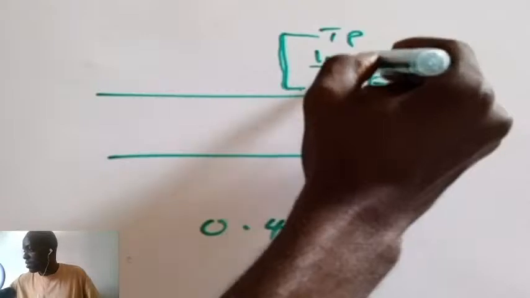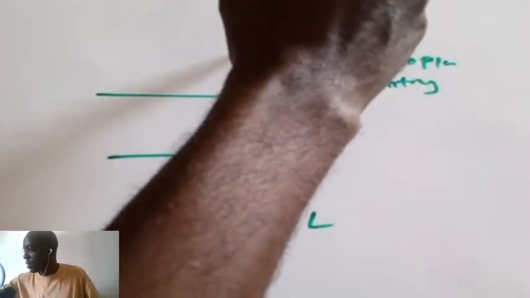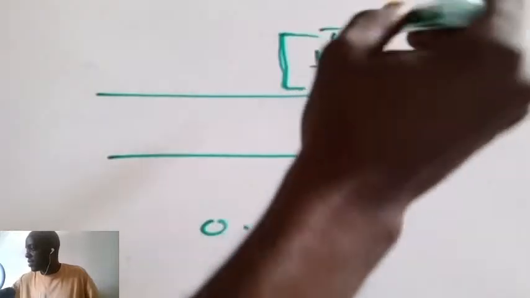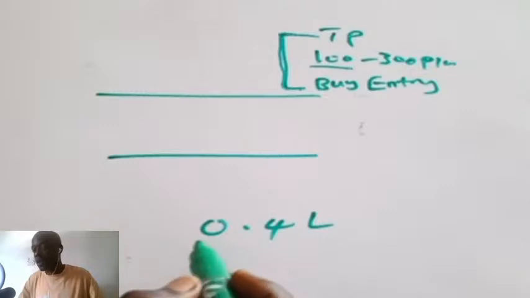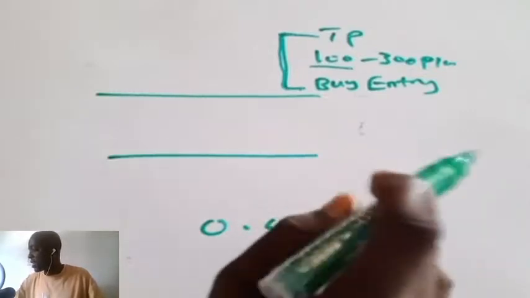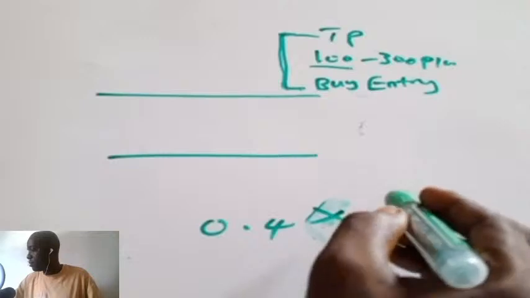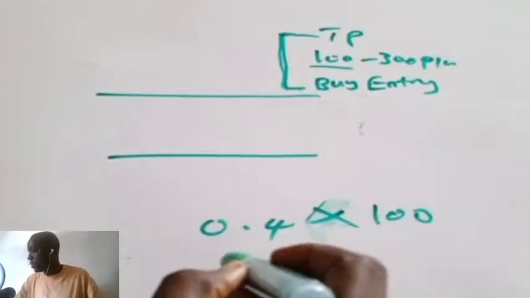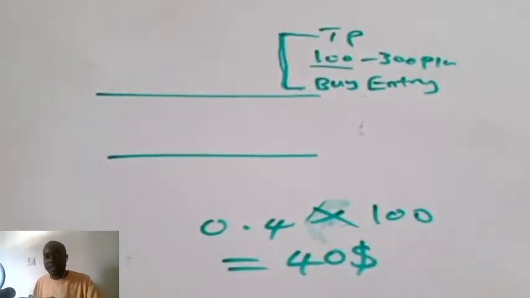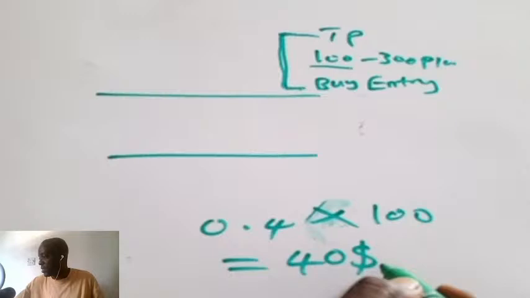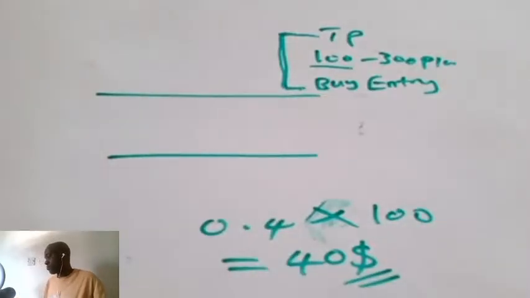If the price targets 100 pips, that will be 0.4 multiplied by 100. That will be $40. So that means we already have $40 profits for this single trade.